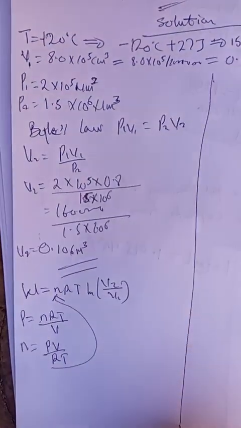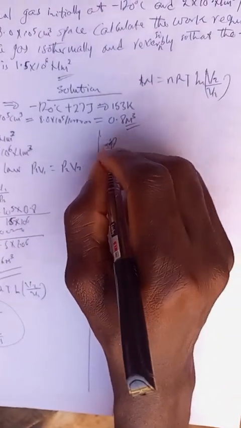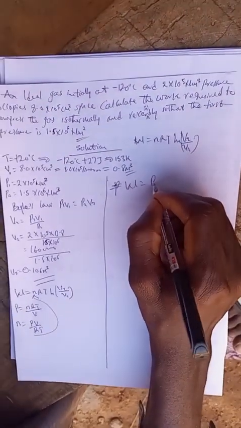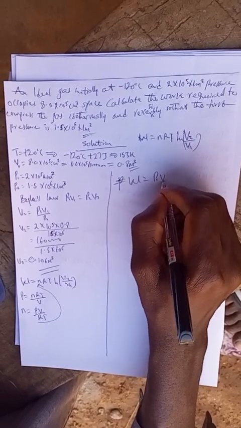So W is equal to, instead of n, P1 V1 over RT, always using the first pressure and the first volume.